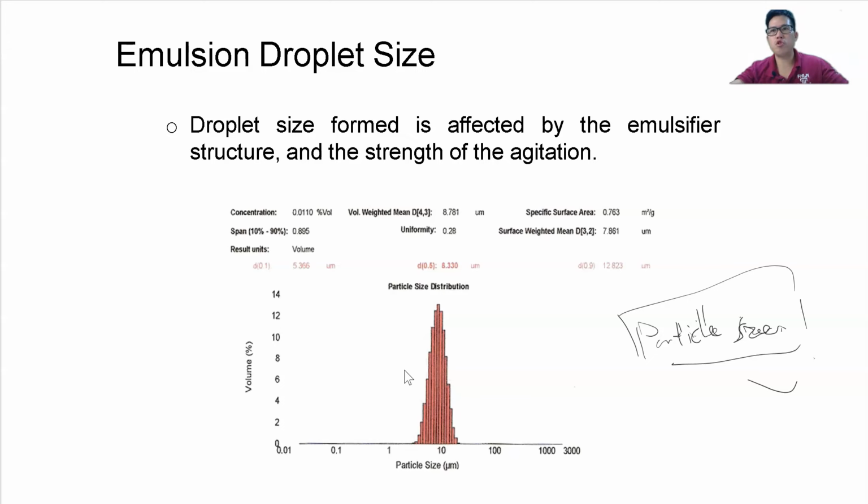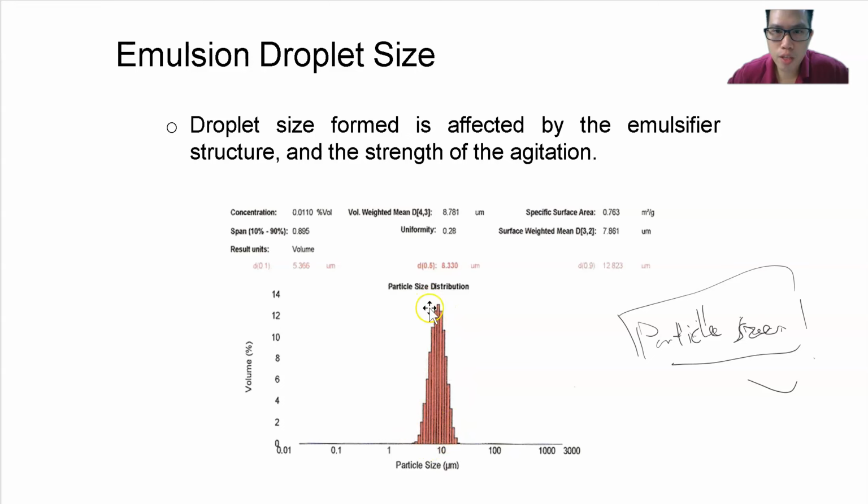The machine is very simple to use. Basically, you take some of your emulsion and drop it into the cone, and it goes through the system, using laser light scattering to determine the particle size of the emulsion droplets. Usually, you can see that there's a distribution here.